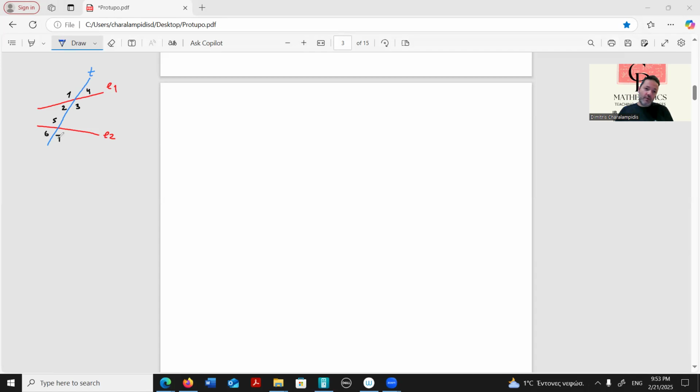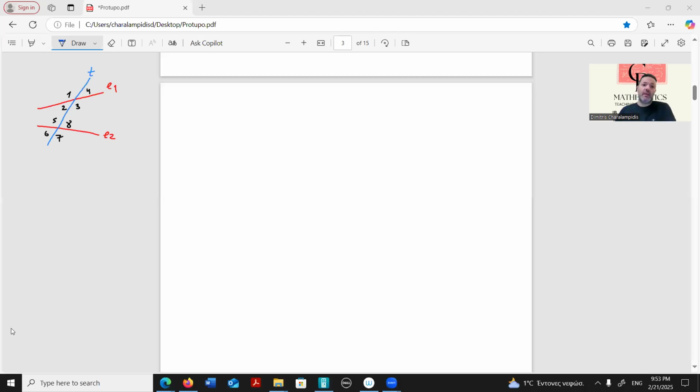Based on their position regarding all these three lines, we can classify them as alternate, same side, interior, exterior, or even interior-exterior. Now we will extend this knowledge to the next level.